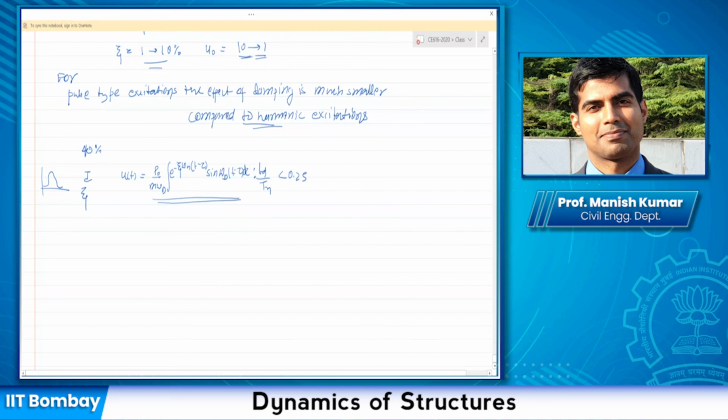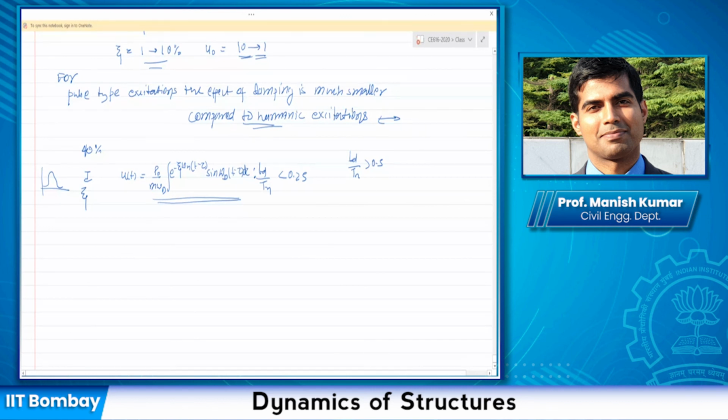With damping, you can still get that expression, and only when Td by Tn becomes greater than, let us say, 0.5, then the shape of the pulse matters and it becomes analytically very complicated to derive all those equations that we have previously derived. And there is not much utility in deriving those equations anyway, because when I neglect damping, the effect is not that much.